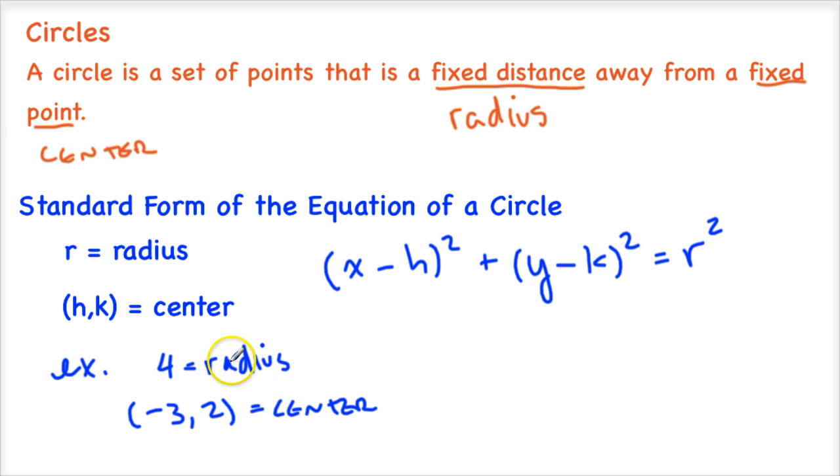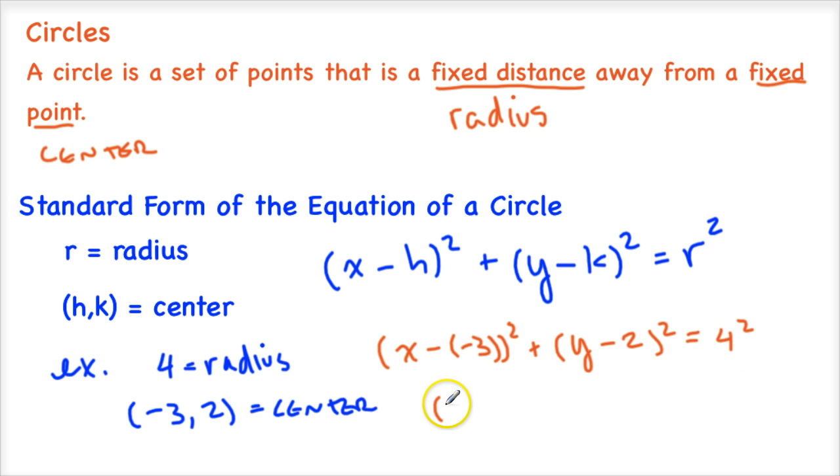So if I want to put this information into the standard form, I would say this is (x minus -3) quantity squared plus (y minus 2) quantity squared equals 4 squared. So that's (x plus 3) squared plus (y minus 2) squared equals 16.